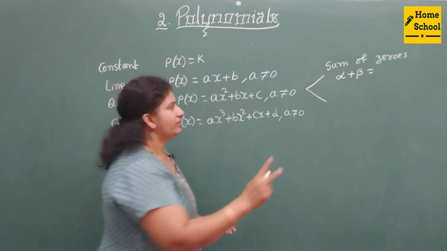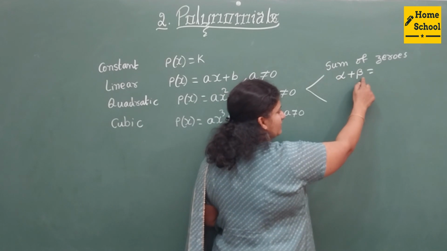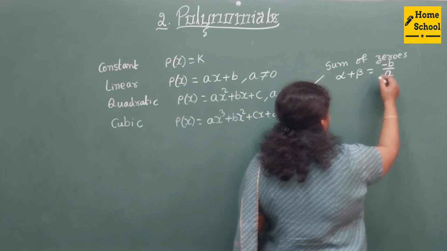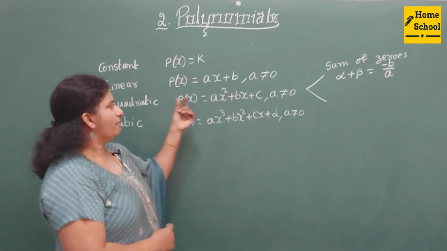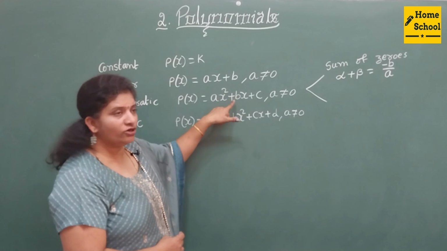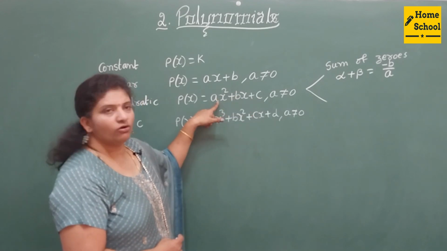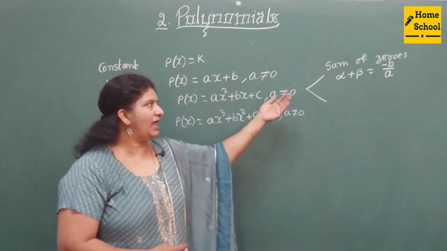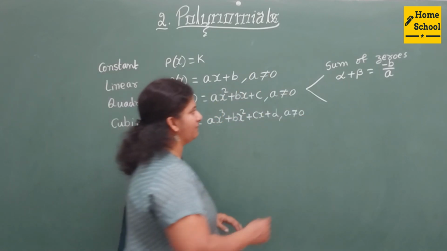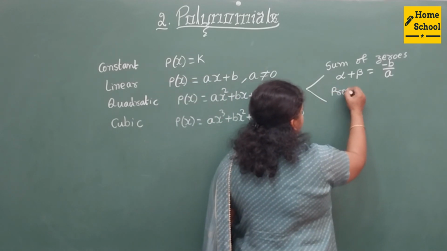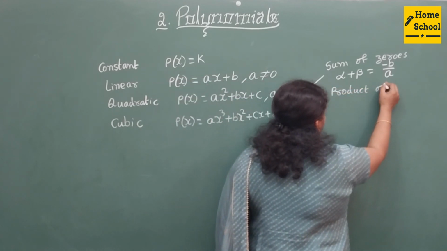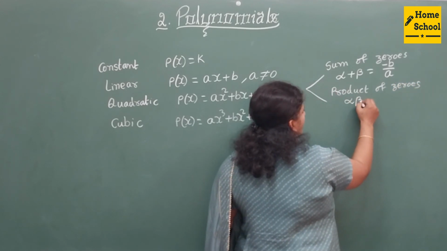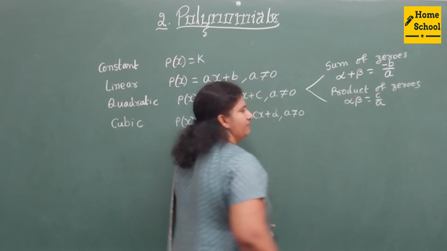Then the sum of zeros, alpha + beta, is equal to -b/a, or you can remember it as minus of the coefficient of x by the coefficient of x². As a shortcut, alpha + beta = -b/a. Next, product of zeros: alpha beta = c/a.